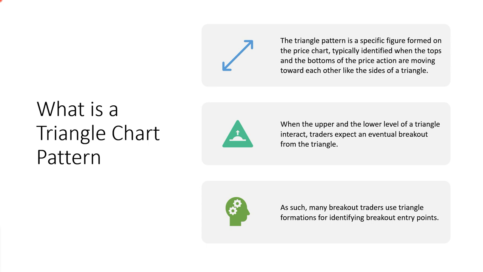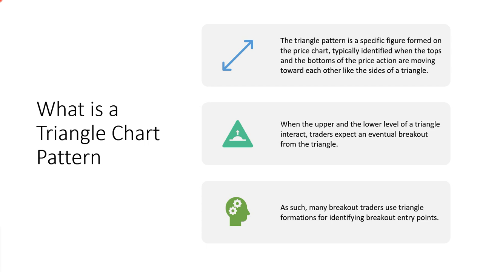So what's a symmetrical triangle? It's when the two angles, the top and the bottom of the support and resistance line, are moving at the same degree. An ascending triangle means one line is horizontal while the other one is moving up. A wedge means the two angles are moving at slightly different degrees, but still forming a triangle pattern.